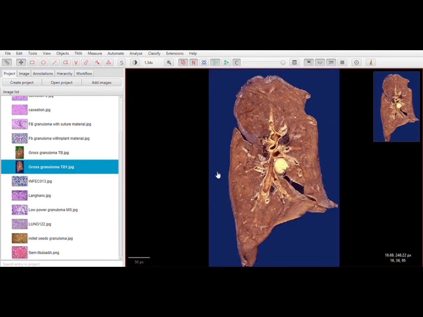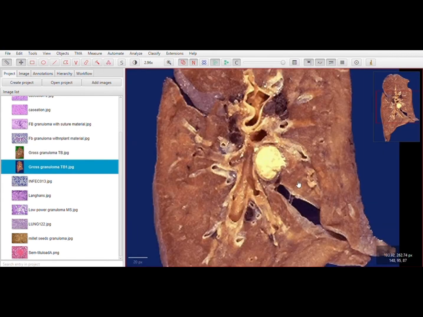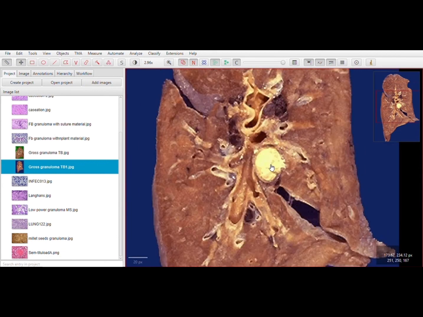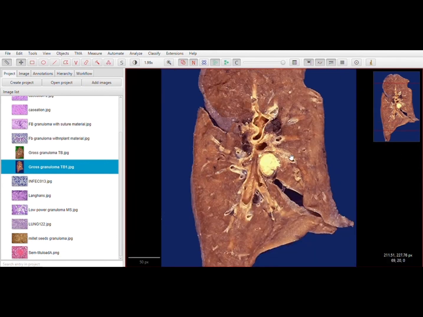Sometimes it shows a very confined grayish-white area, and when you cut it, you will feel it to be rubbery and cheesy sort of material because it forms caseation type of necrosis.